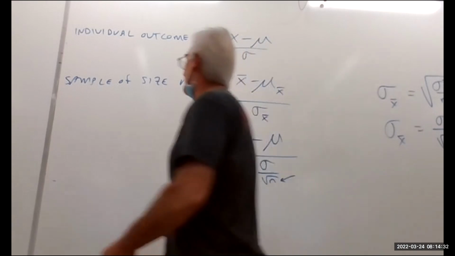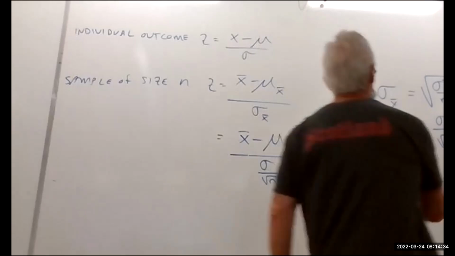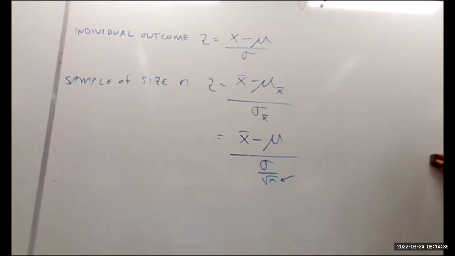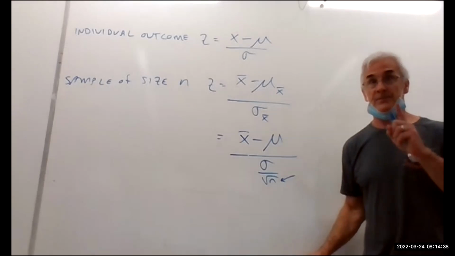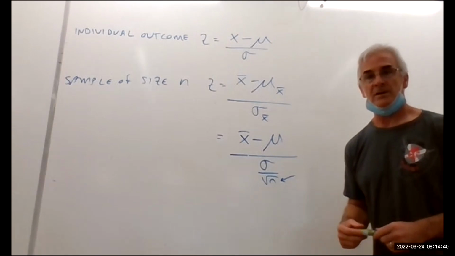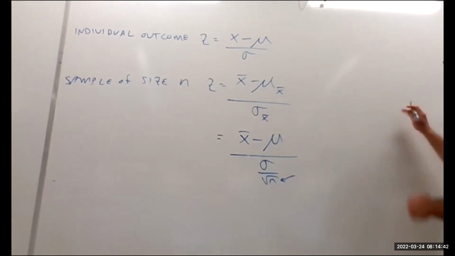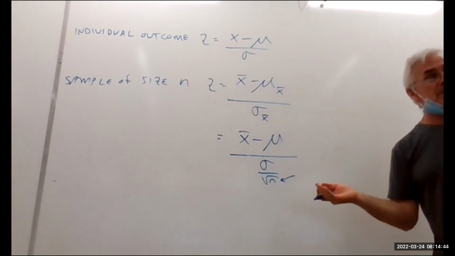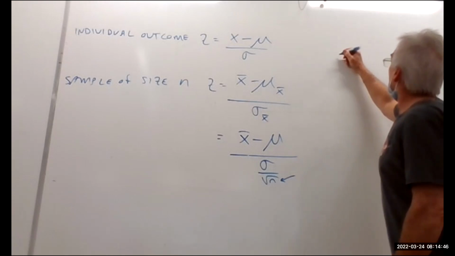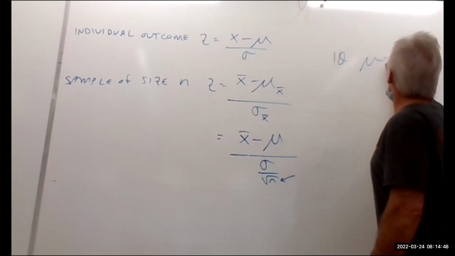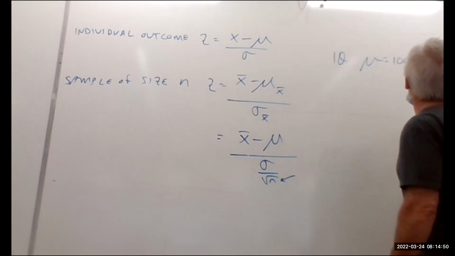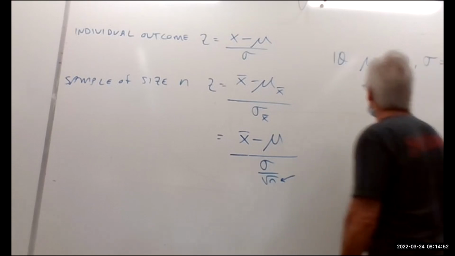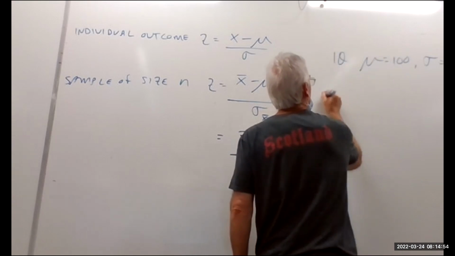So let's do an example of this, because I want to contrast and compare to show you things. So let's see, let me use this board here. We'll use IQs again because we've done it before. So for IQ, again, the mean is 100 and the standard deviation we know is 15. Okay, 2 questions.